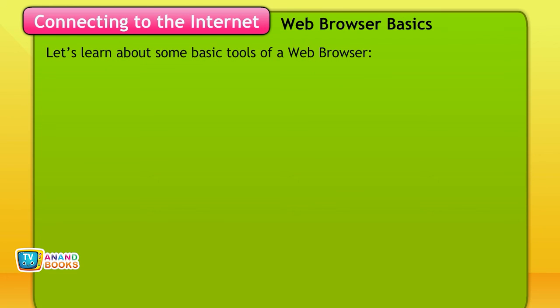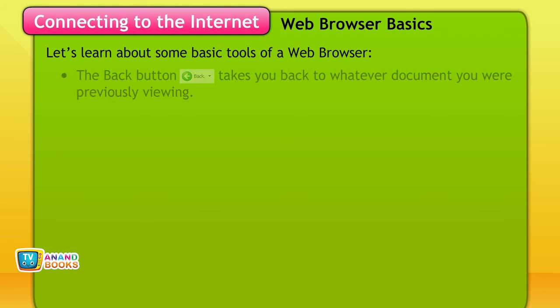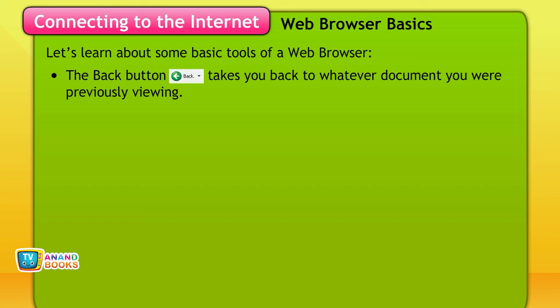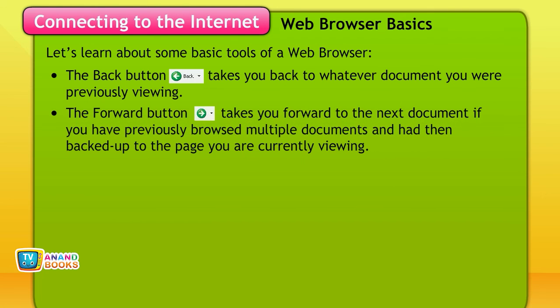Web browser basics. Let's learn about some basic tools of a web browser. The back button takes you back to whatever document you were previously viewing. The forward button takes you forward to the next document if you have previously browsed multiple documents and had then backed up to the page you are currently viewing.